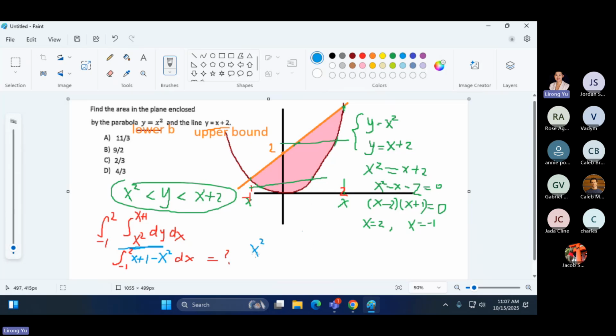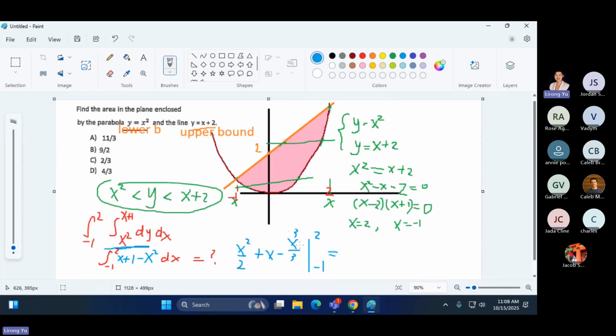We get x squared over 2 plus x minus x cubed over 3 in the integration. Next is substitution.